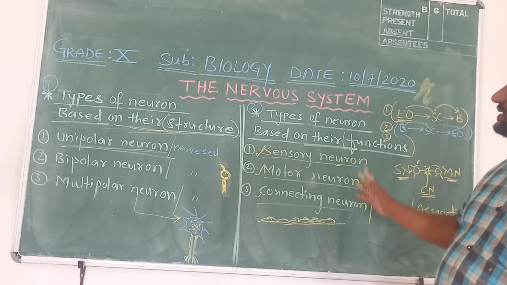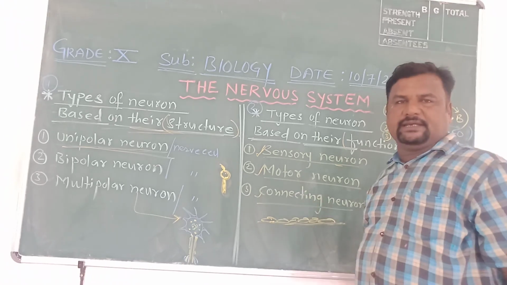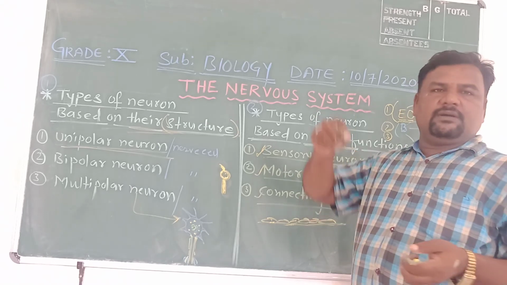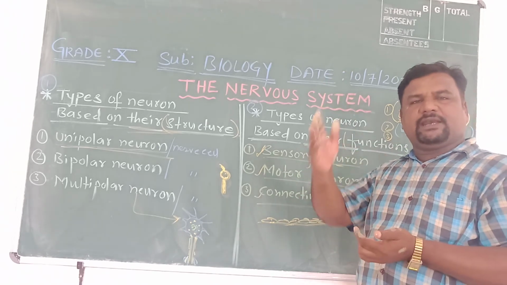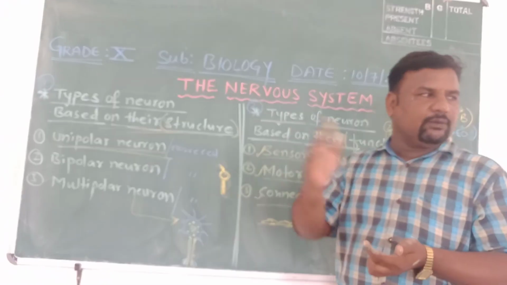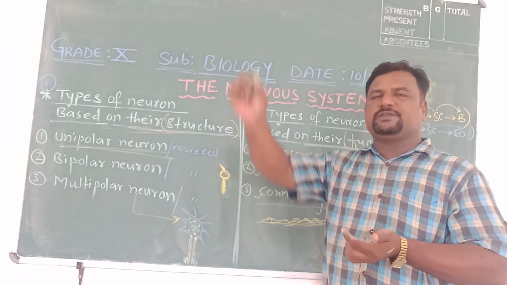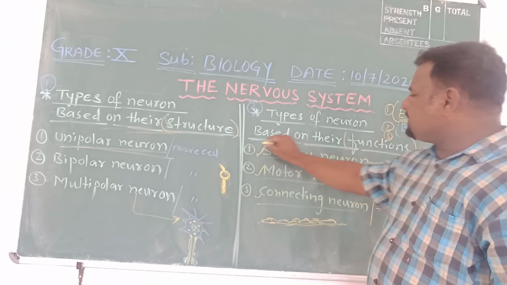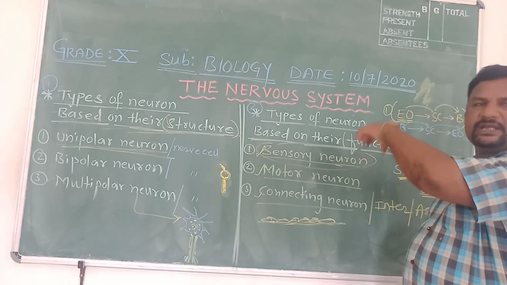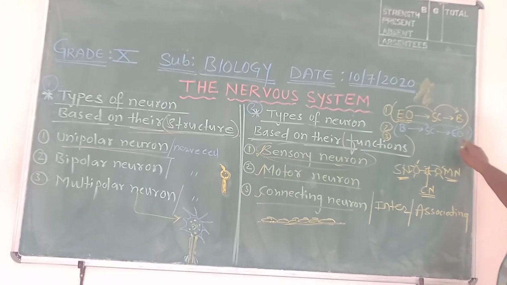Based on the functions, neurons are classified into three categories: sensory, motor and connecting. The sensory neuron generates a nerve impulse from the effector organ to the spinal cord, and from the spinal cord to the brain, whenever any stimulus is applied on the body. The motor neuron brings back the nerve impulse from the brain to the spinal cord, and from the spinal cord back to the effector organ.